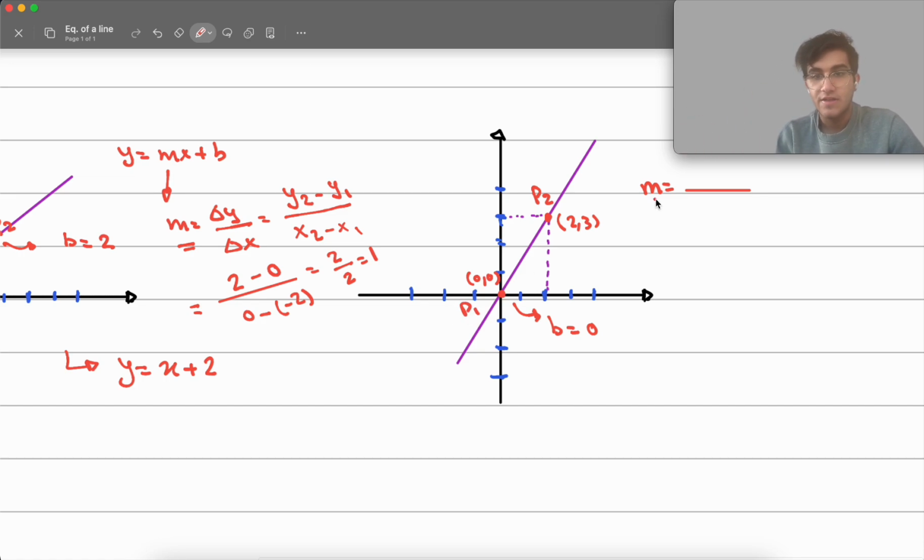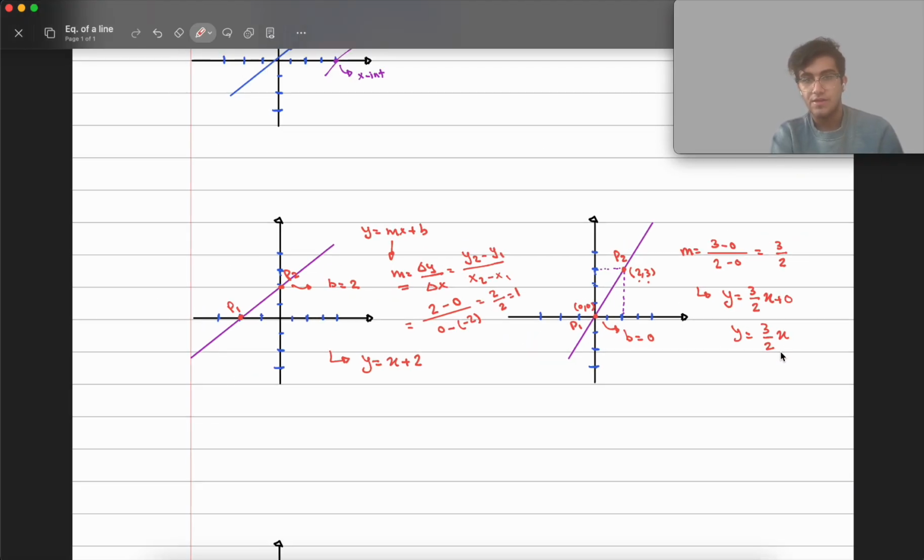So this one is 3, its y coordinate minus the y coordinate of the first point, which is 0, and the x coordinate of the second point minus the first point is 2, so the slope is 3 over 2. And the general equation is mx, which is 3 over 2 times x, plus b, which is 0, or simply I can write it as 3 over 2 x. This is about this one.